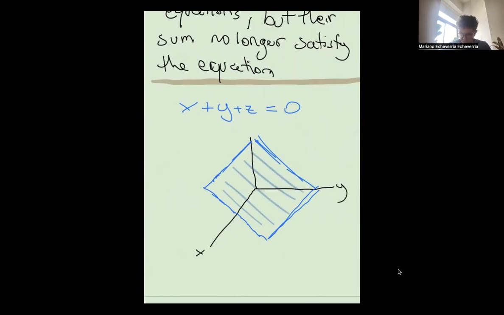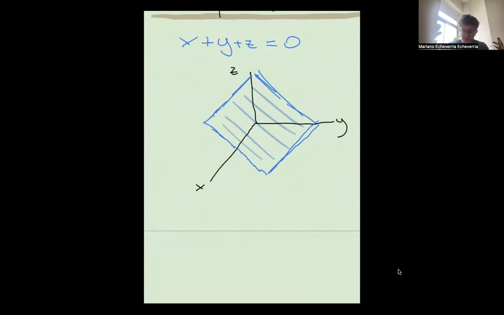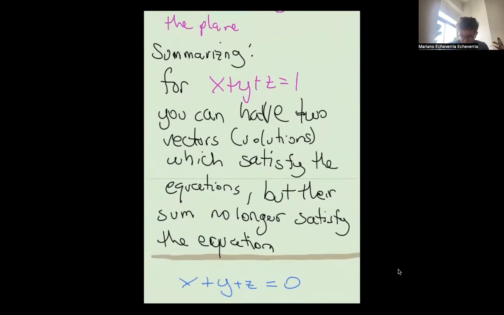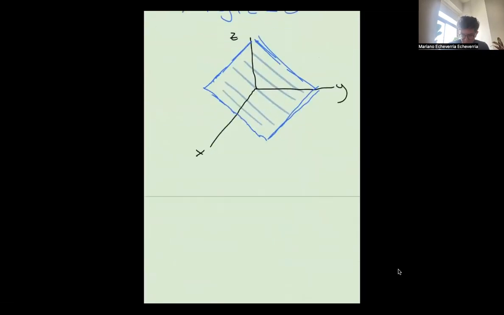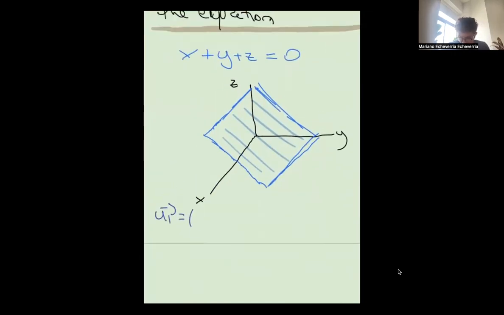Again, this is x, y, c. You could have a vector, let's call it u1, which is 1, 0, negative 1. So it's kind of like here.